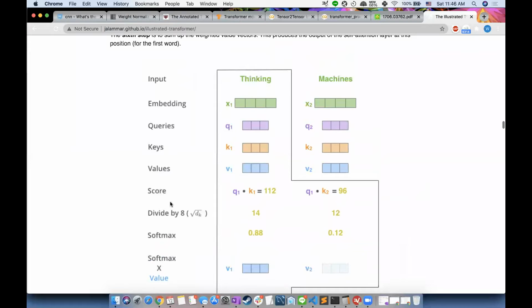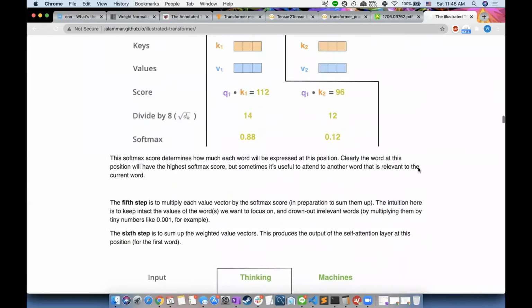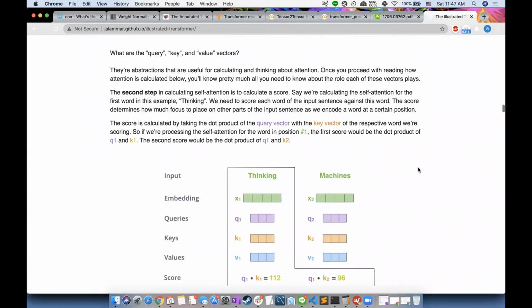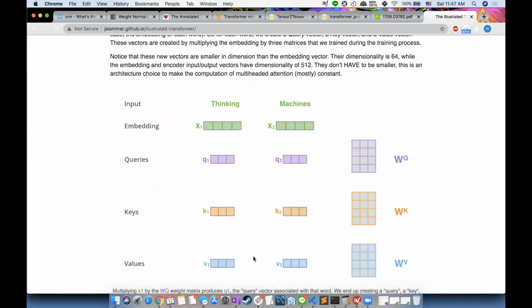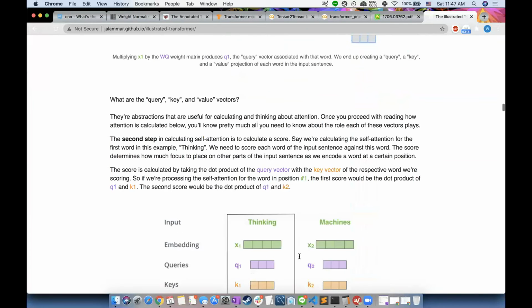Okay, so I want to just recap what we've done because it's a lot, just so everyone understands. Again, we got 3 vectors: queries, keys, and value vectors, represented by QKV. How are they calculated? X1 times WQ, this weight matrix that's trained, you get Q1. X2 times WQ, you get Q2, and that's how you calculate a bunch of QKV vectors for each word. And how do we use them?